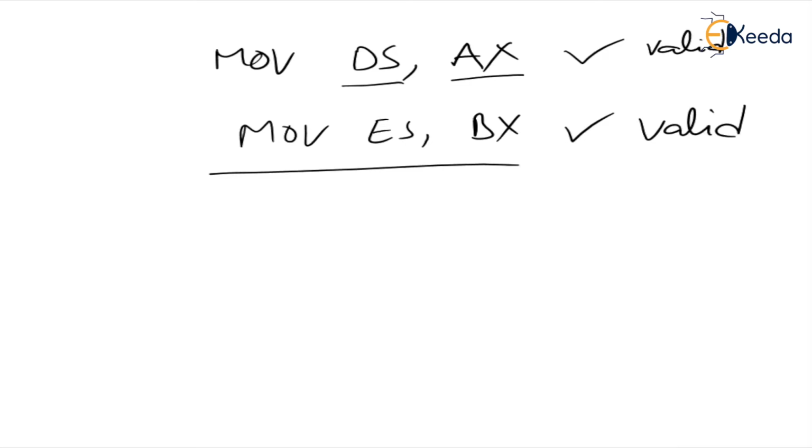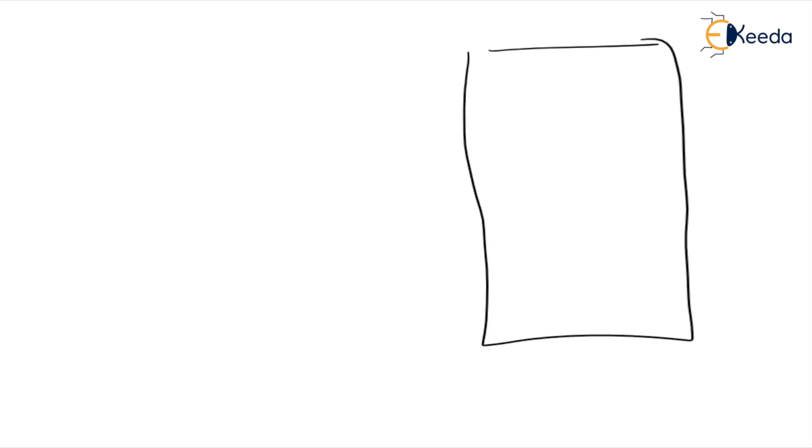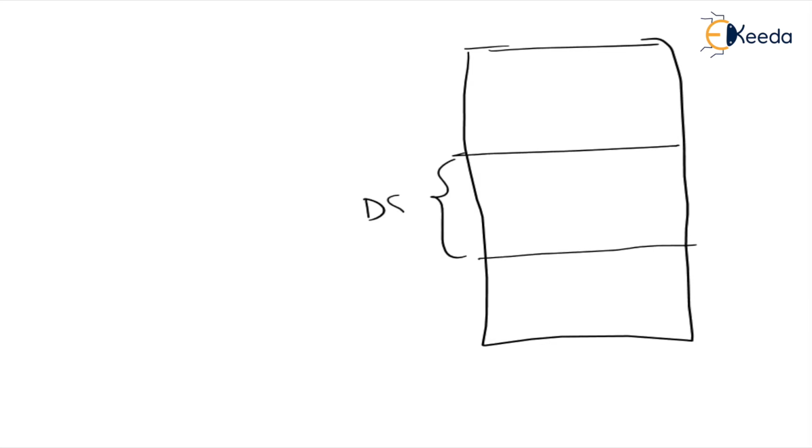Now, let us consider the memory, and in it the data segment. How many segments are there? In the memory segmentation class I explained clearly: the total 1 MB of memory is divided into 16 segments, each segment 64 kilobytes.